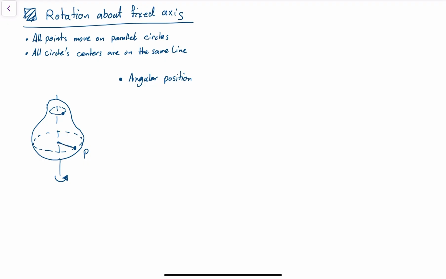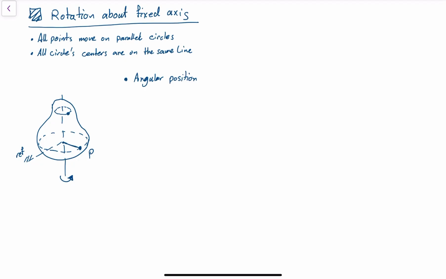Any line can work, but for now I'm going to take this line from the axis of rotation to point P, and I'm going to take also a reference. So this is a fixed reference, and find the angle from that reference to the line connecting point P to the center of rotation. This is what I call theta, the angle.